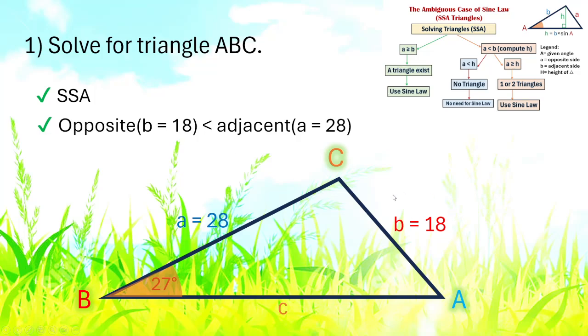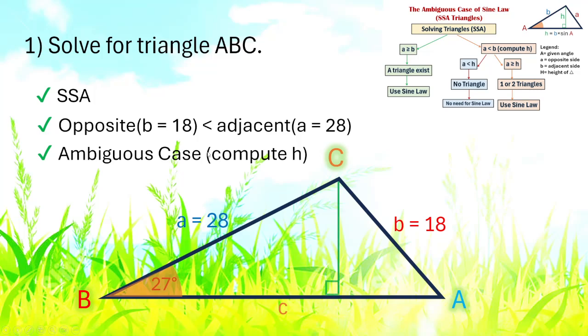Second, we see that the opposite is less than the adjacent, so it falls in the ambiguous case, and we are forced to compute for H. That means there are three possibilities: 0, 1, or 2 triangles depending on our height.